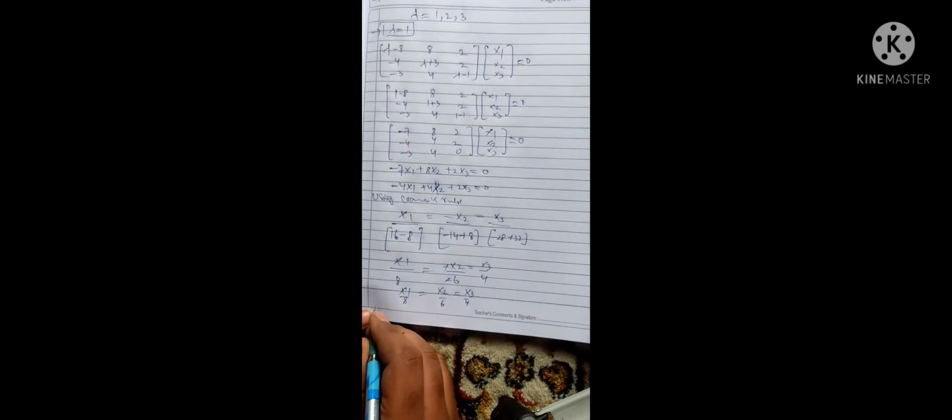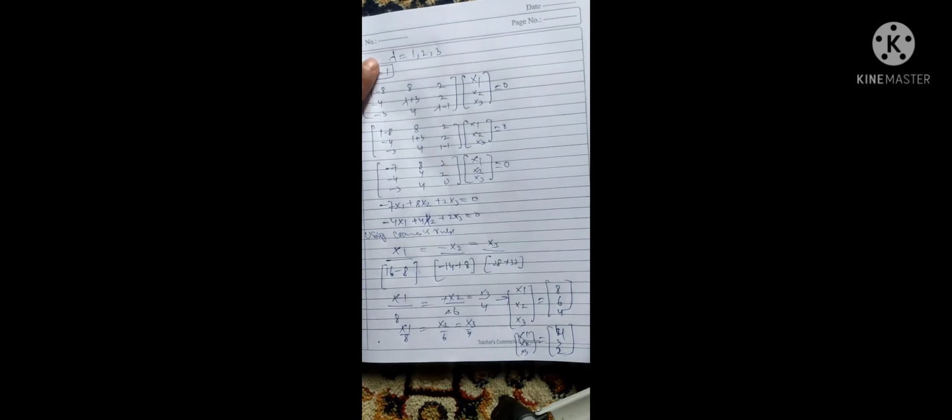So we can write x1, x2, x3 is equal to 8, 6, 4. You can also take 2 as common and write it as 4, 3, 2: 2 fours are 8, 2 threes are 6, 2 twos are 4. So this is also correct. This is the corresponding eigenvector for the eigenvalue lambda equal to 1.